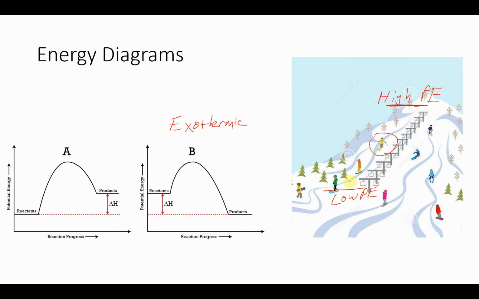But if you were a person who had decided, like say this person was walking over with her snowboard and she was going to walk up the hill from low to high, that's like walking uphill from low potential energy to high potential energy. Well, you're going to have to put a lot of energy walking up that hill into this process.